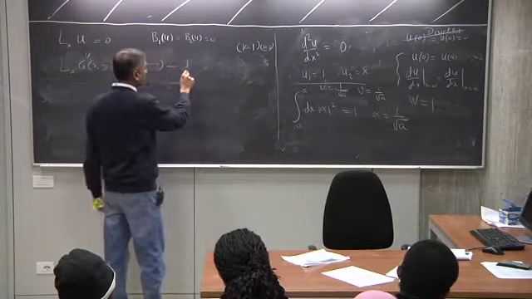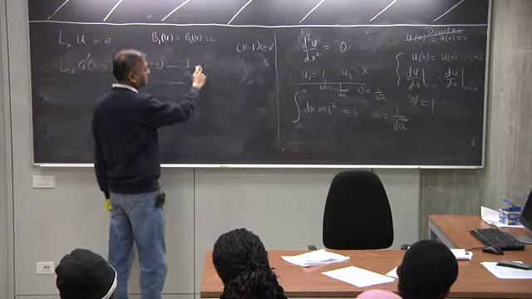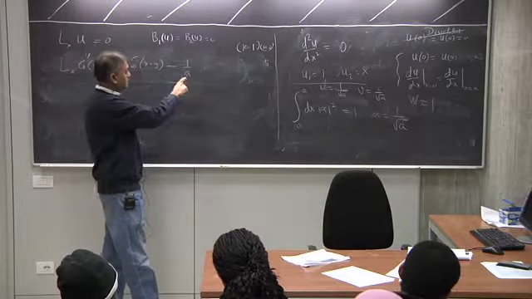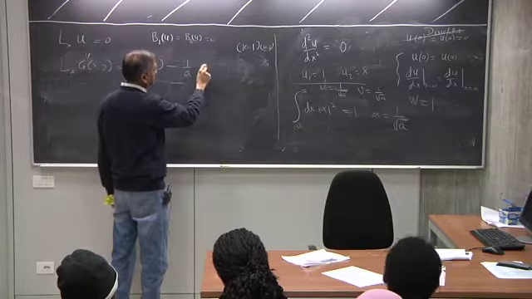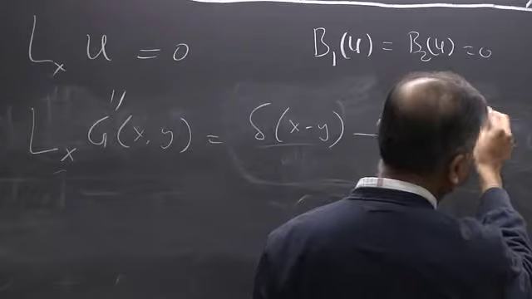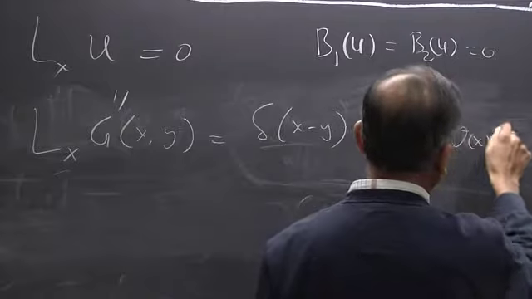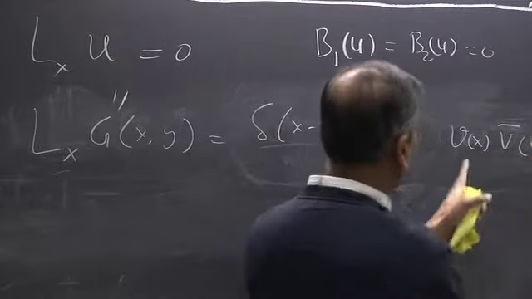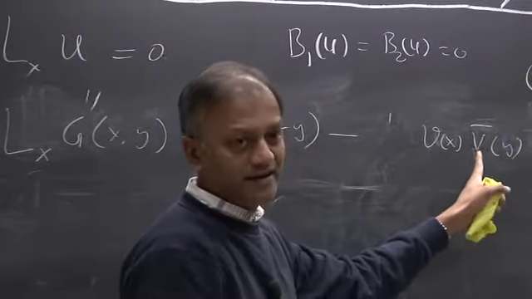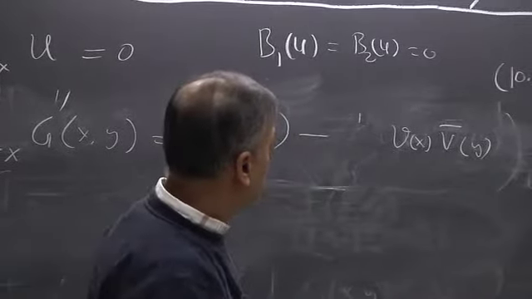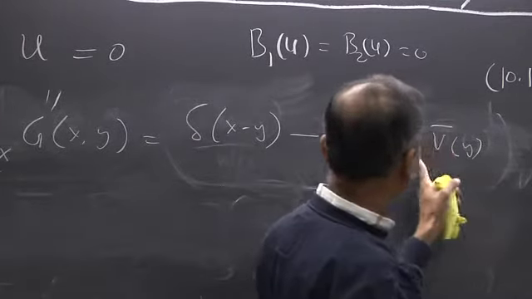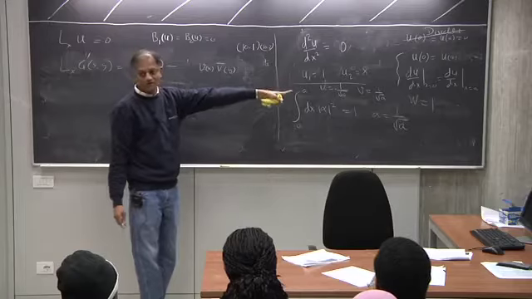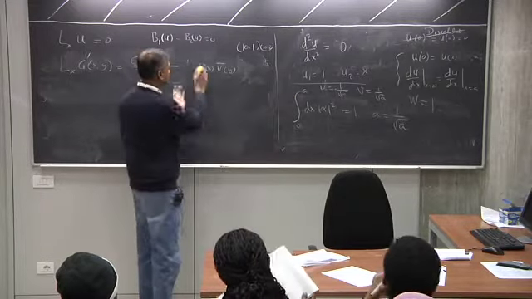So there is a 1 over A, because it is V bar times V. So this will be V of x, V bar of y. There's only one 0 mode, so I don't need to put an index i. Now these are constants, so they do not depend on x and y, and it simply is 1 over root A times 1 over root A. So this is simply 1 over A.